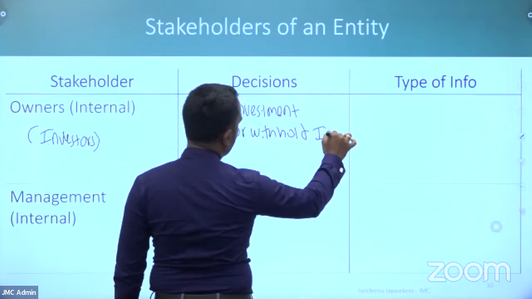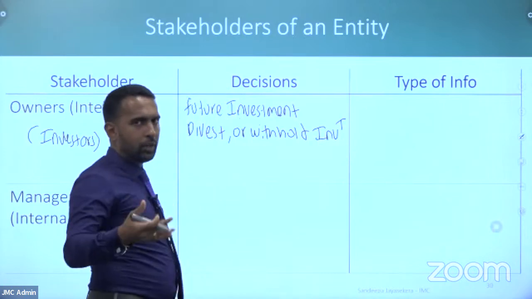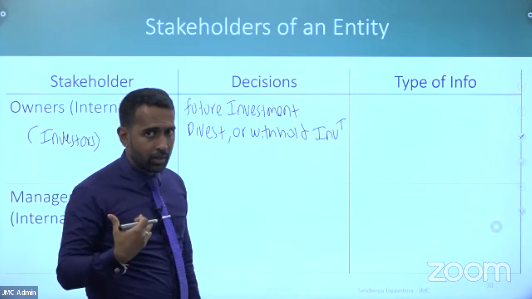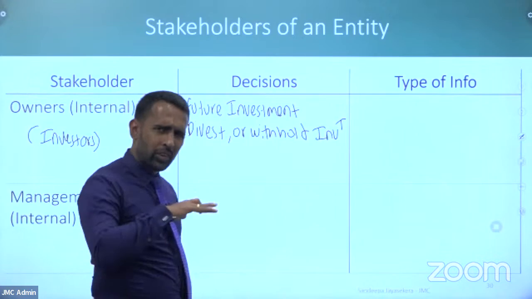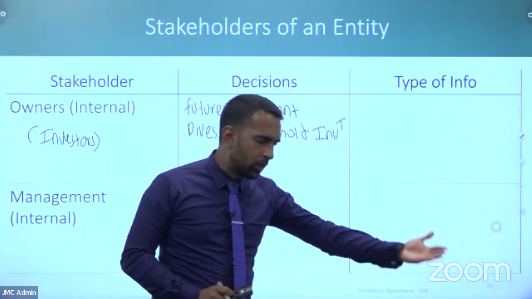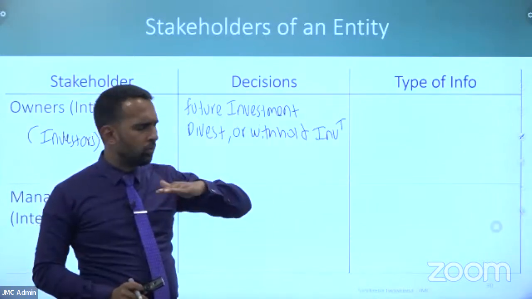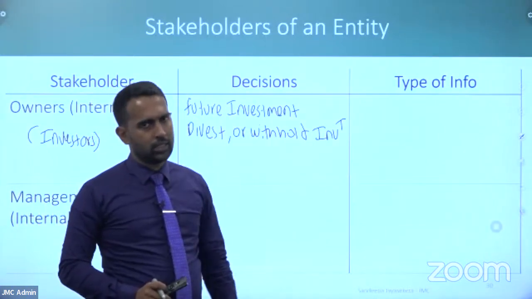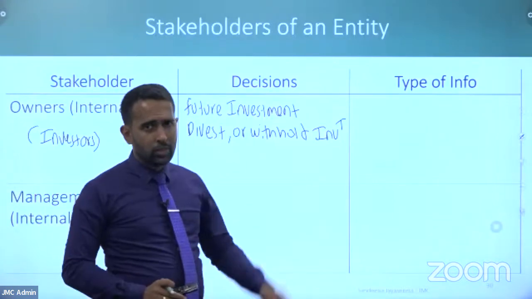Divest means withdraw. Are we going to withdraw the investment or keep the investment? Are we going to take out the investment we made, or just keep it as it is? The owners need to take some decisions.